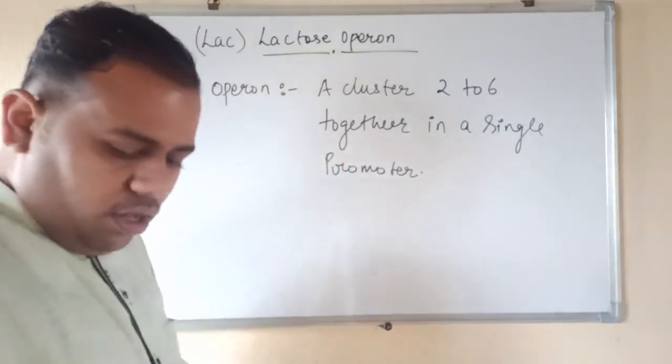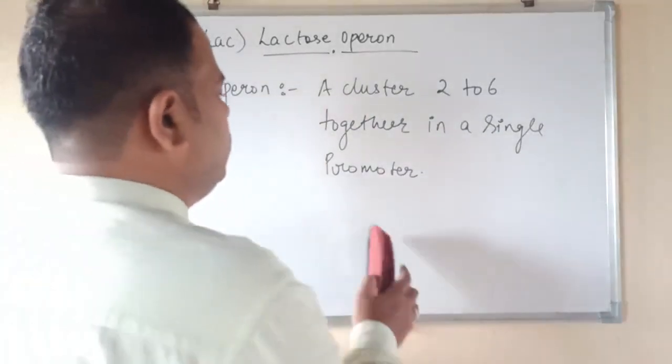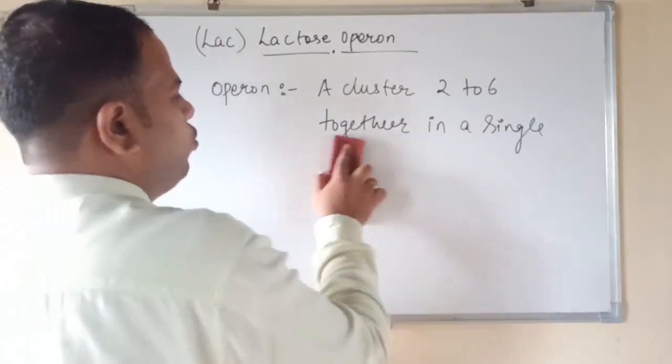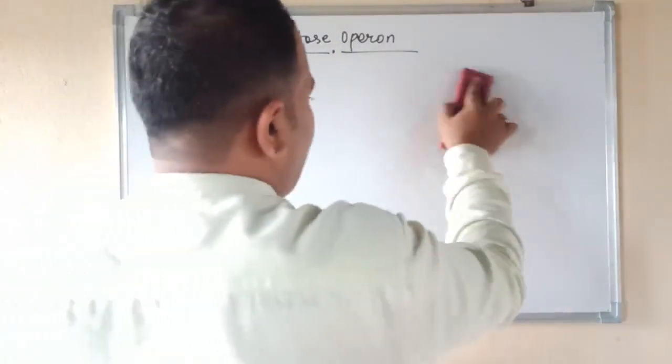First of all, we know that lactose is a disaccharide made up of two different components. Let's first see the structure of lactose before studying the lactose operon.